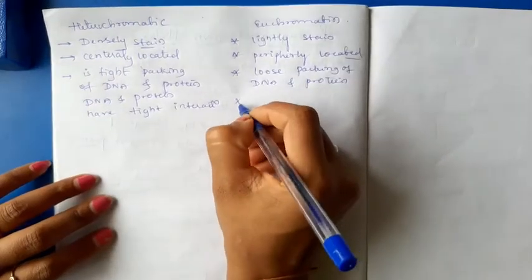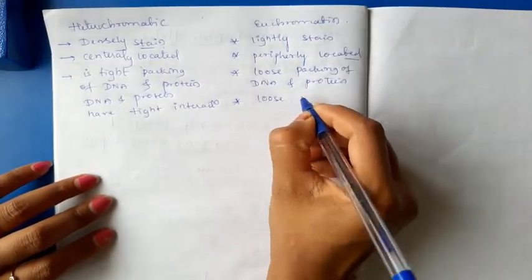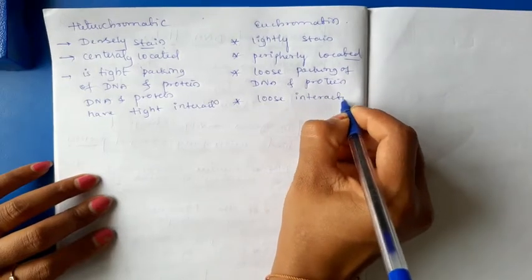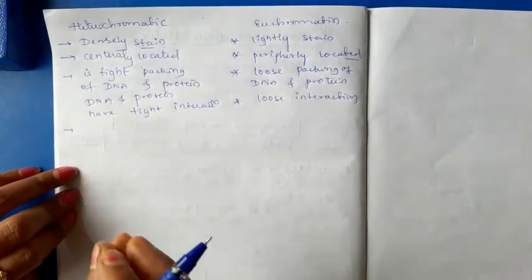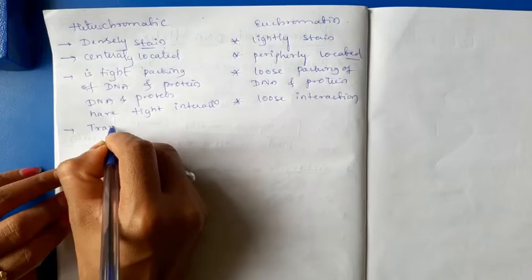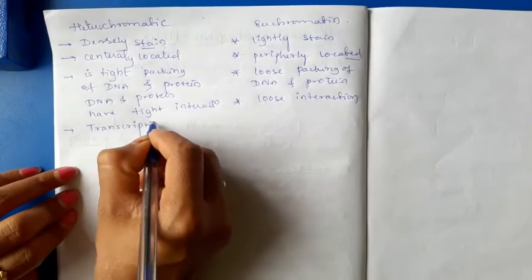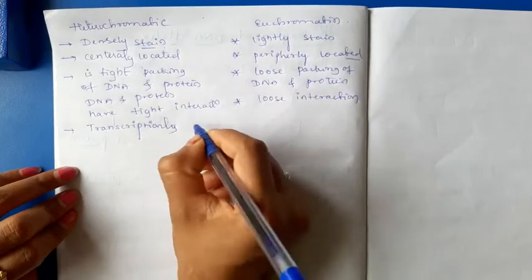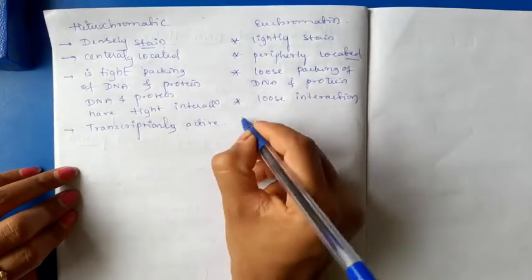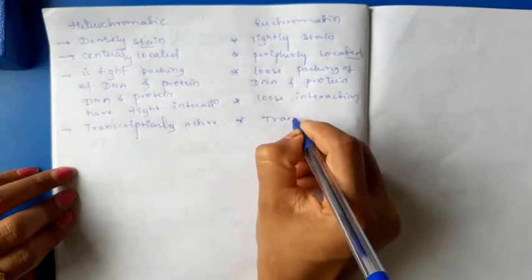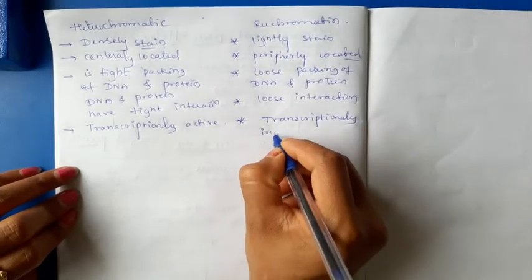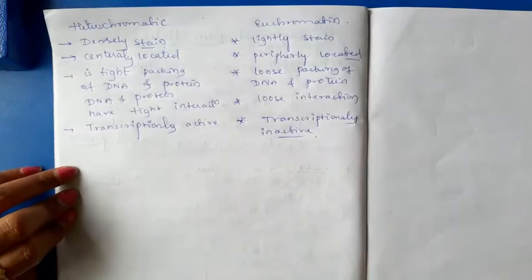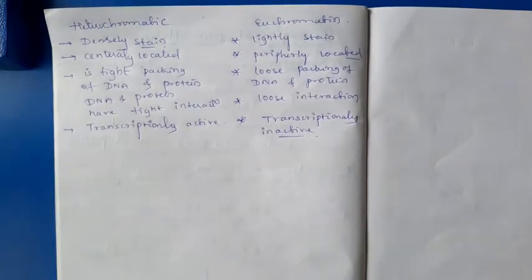It is very tough to break the interaction between DNA and protein. Here there is a loose interaction. Euchromatin is transcriptionally active, while heterochromatin is transcriptionally inactive. These are the differences between euchromatin and heterochromatin.